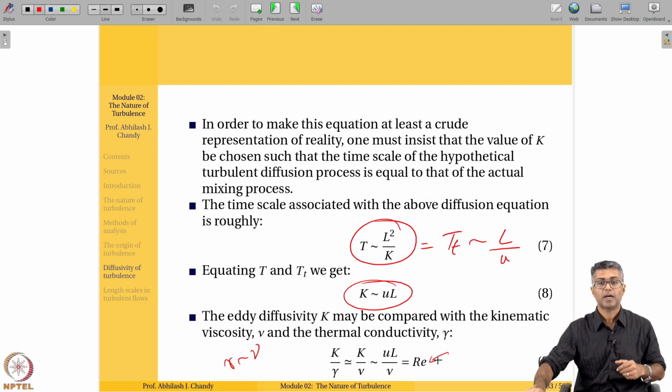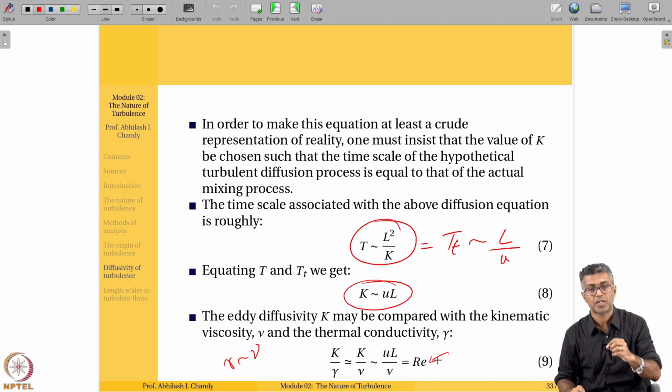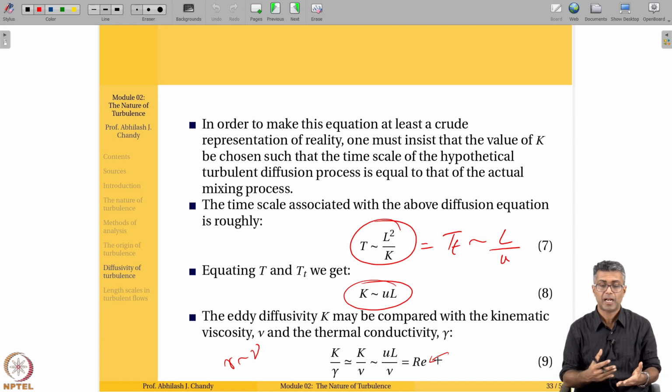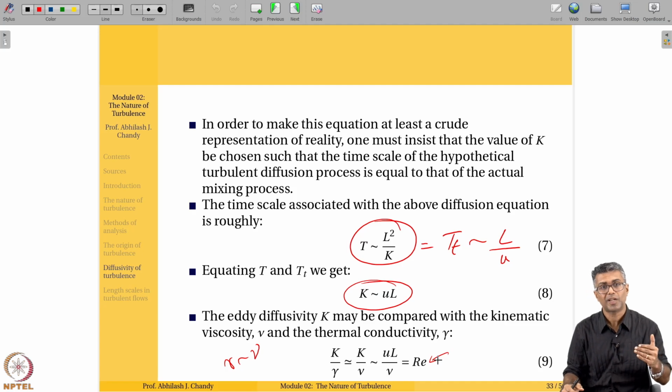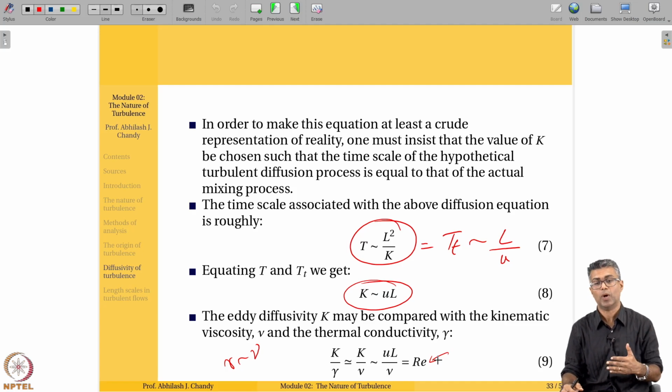So we look at the time scale associated with this equation, and it is L squared over K. Now for it to represent reality, it has to be the same as the turbulent time scale, isn't it? So it has to be L over U, the turbulent time scale, in which case we come up with an estimate for the eddy diffusivity, which is UL.